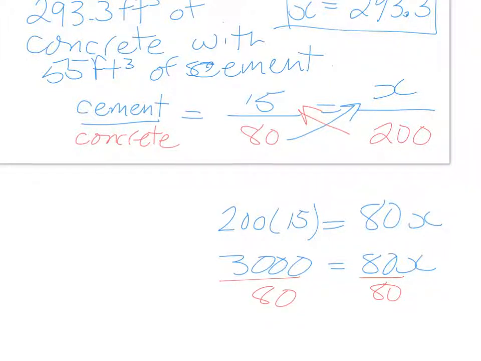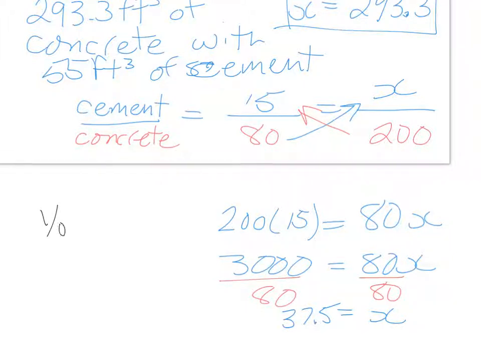And when we do that, the 80 disappears over here, and 3,000 divided by 80 gives us 37.5. So if you remember, x was cement, so that 37.5 is 37.5 cubic feet of cement.